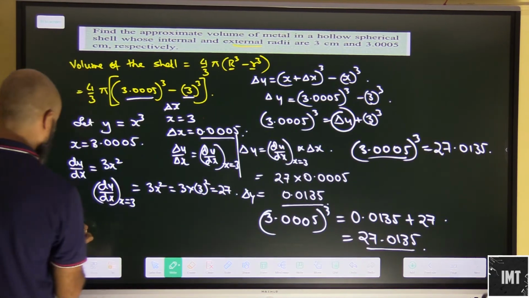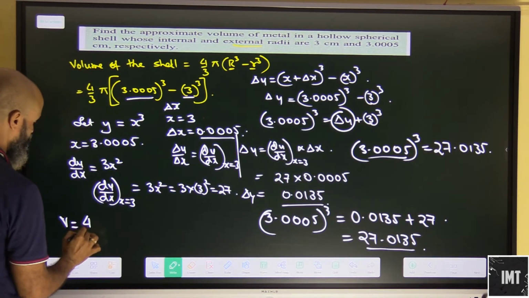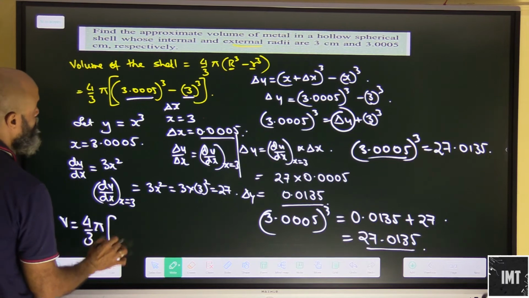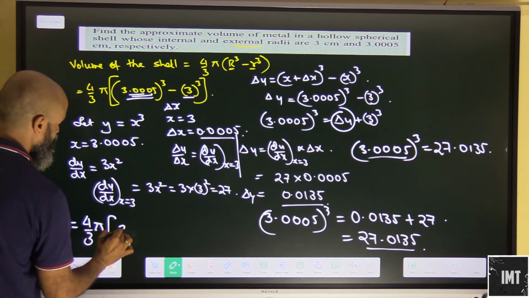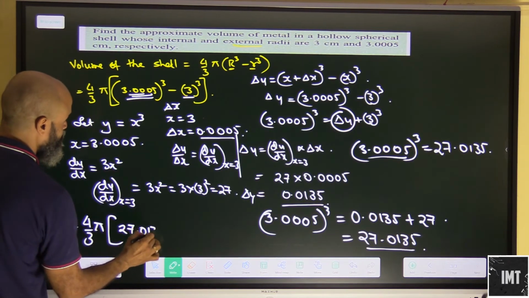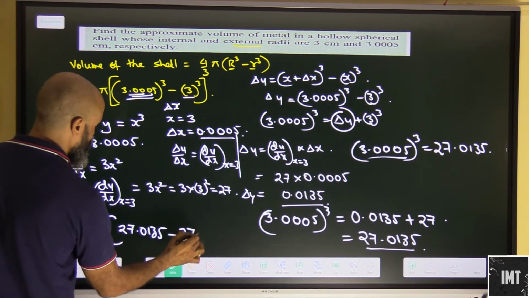Okay, so we have to calculate the volume. This will be 4 by 3 into pi into the difference. This value 27.135 minus 27 gives 0.135.